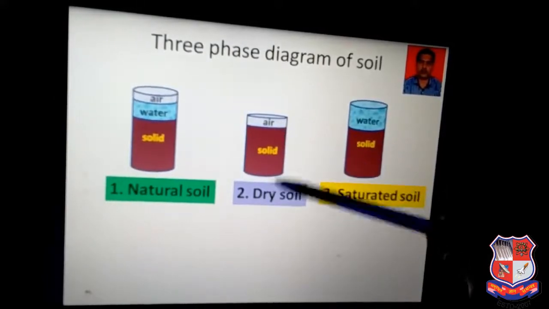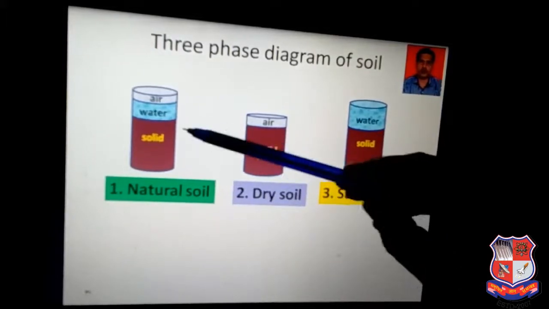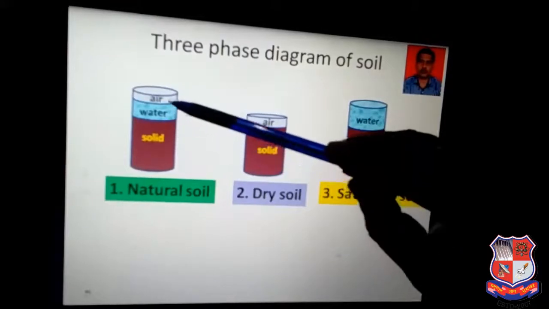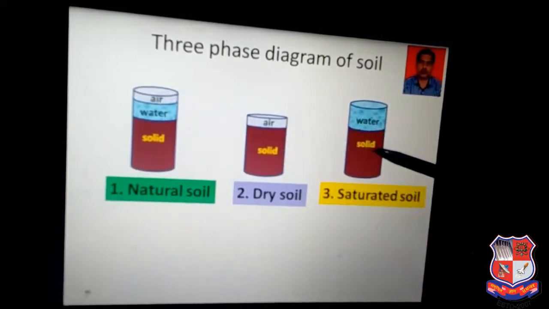This is known as the dry soil phase. But if the same soil is subjected to rainy season conditions, then all the voids are filled with water only, and it becomes a solid and water phase where there is no air. This is known as the saturated soil phase.